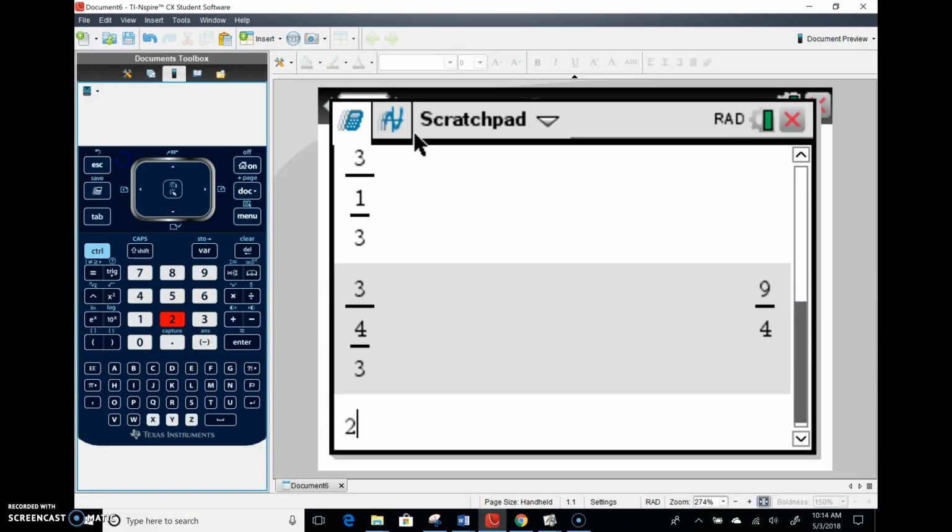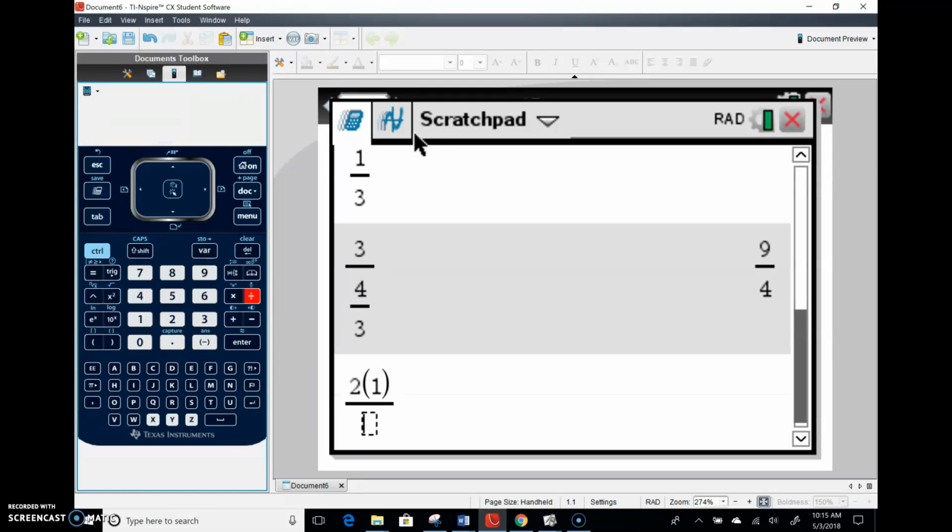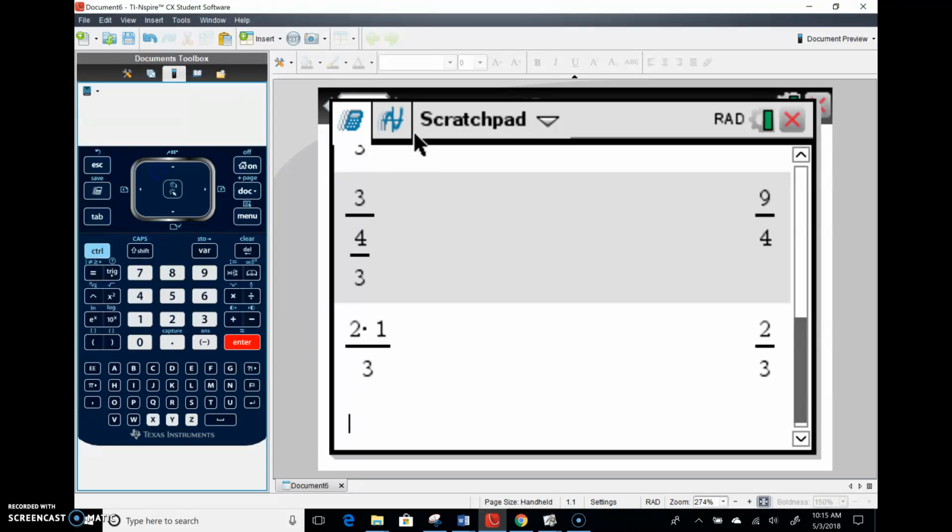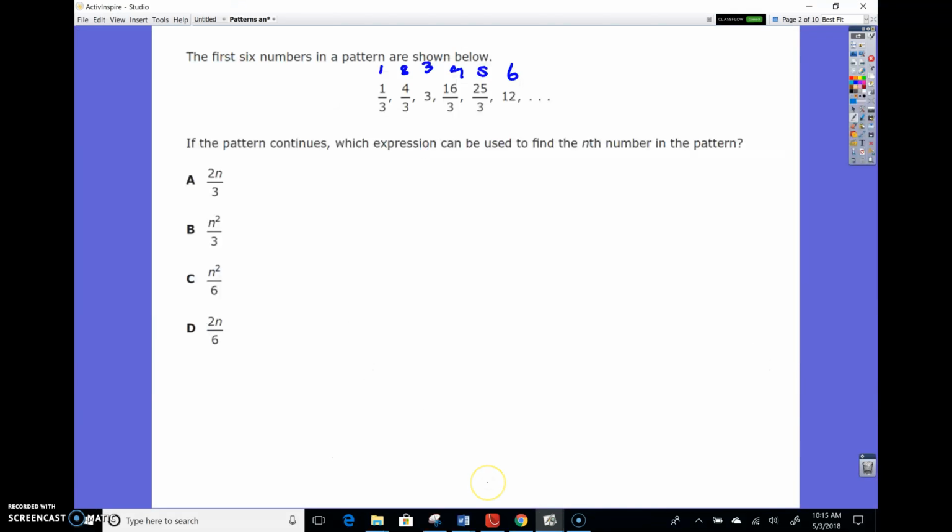For example, what is 2 times 1 over 3? Enter. Okay, it's 2/3. Is that my first term? It's 2/3. So this one is wrong.